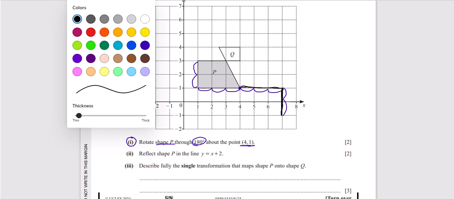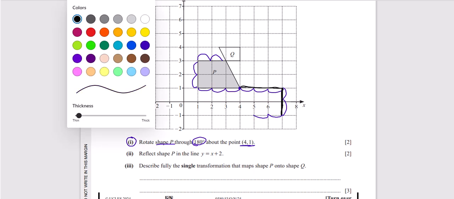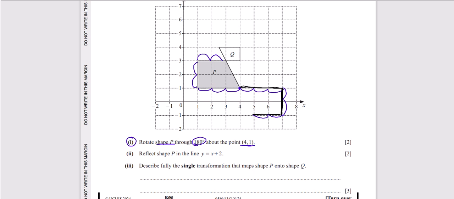Now 1, 2. So draw 1, 2, like this, and now join this point. This is our shape, the rotation of the shape about 180.